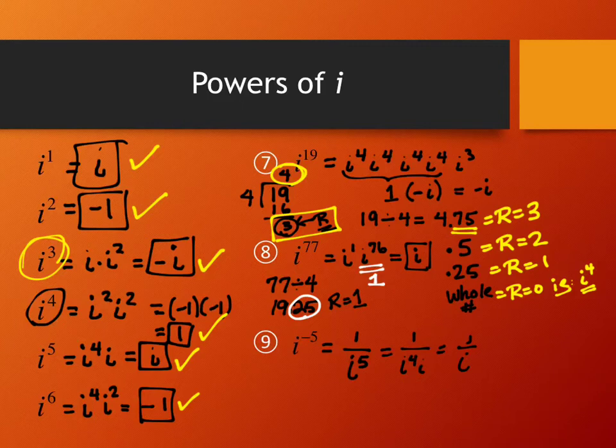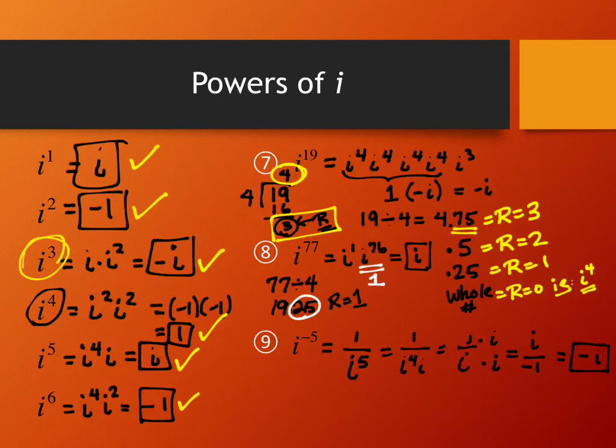But we're going to leave our answers with rational denominators. So we're going to rationalize by multiplying by i. So it'll give me i over i squared, and i squared, of course, is -1. So the net result ends up being a negative i. This is just some fun with powers. They're easily manipulated, easy to work with, as long as you recognize the patterns.